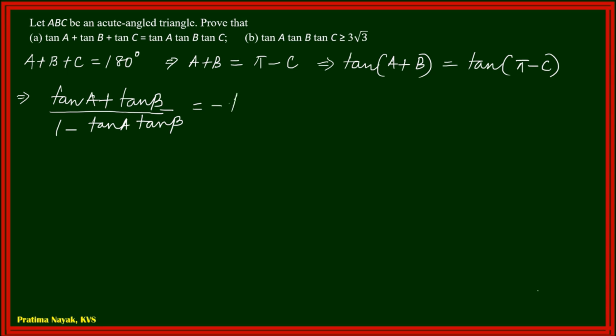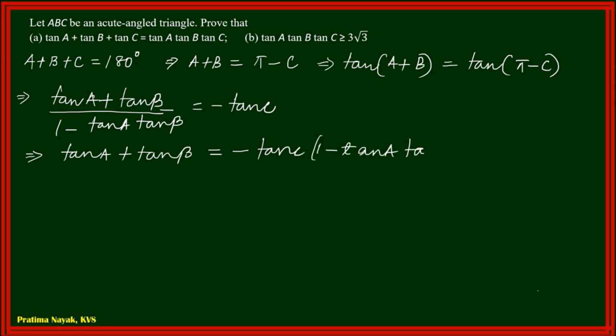So minus tan C. Then I'll cross multiply. So tan A plus tan B equals minus tan C times 1 minus tan A tan B.